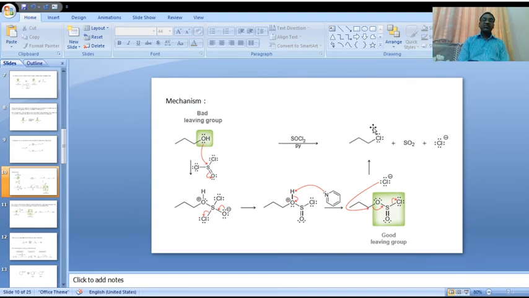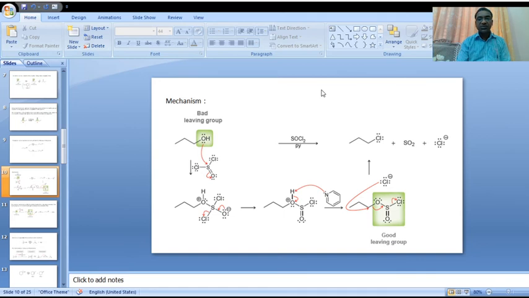After that, the nucleophile attacks and the leaving group is lost in the same step to form the alkyl halide, because this reaction proceeds by an SN2 mechanism. Is it clear, all of you?